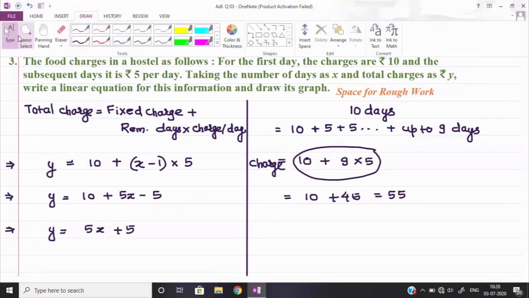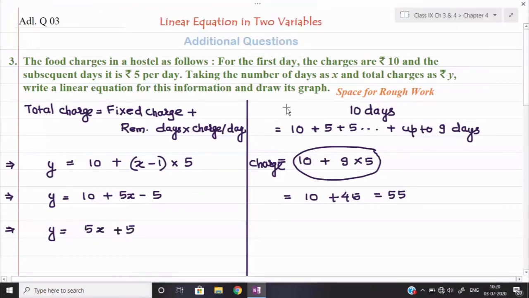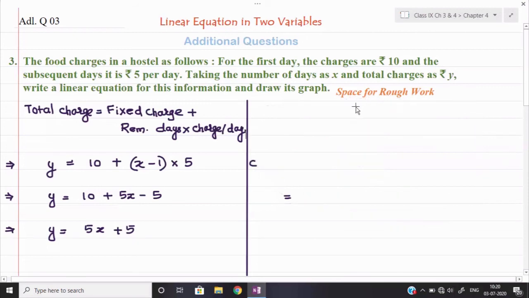Before that we need to find out the coordinates. So let us find out the coordinates first. Okay, let me rub this one first. Now see how we can find out the coordinates.